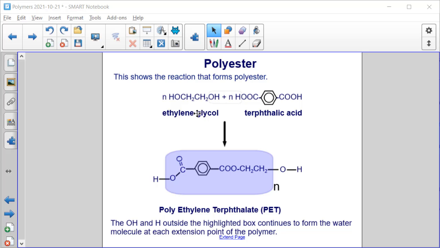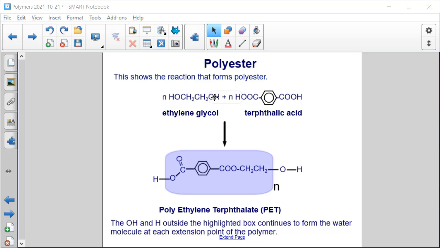As one reactant, we have ethylene glycol, and as our other reactant, we have terephthalic acid. The ethylene glycol, because of the dialcohol, has an OH group, and the terephthalic acid, because it's a dicarboxylic acid, has a free hydrogen that it can give up.